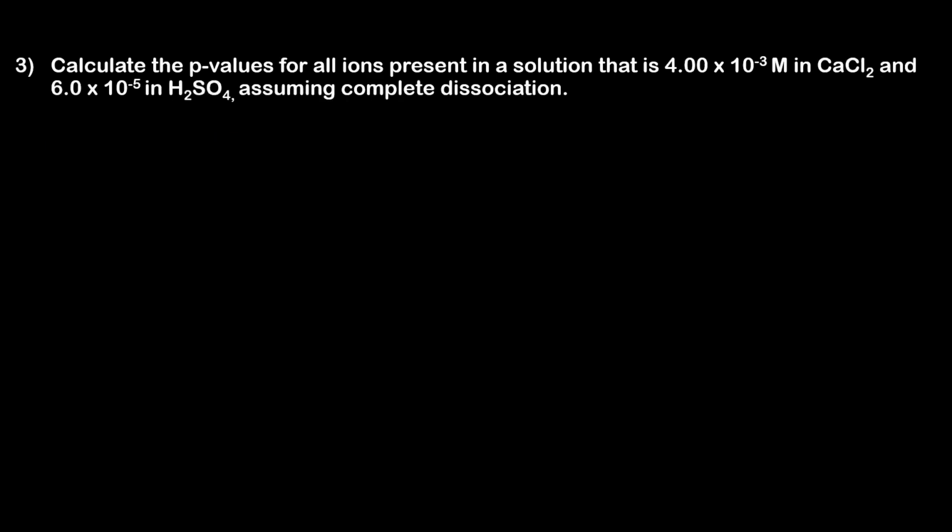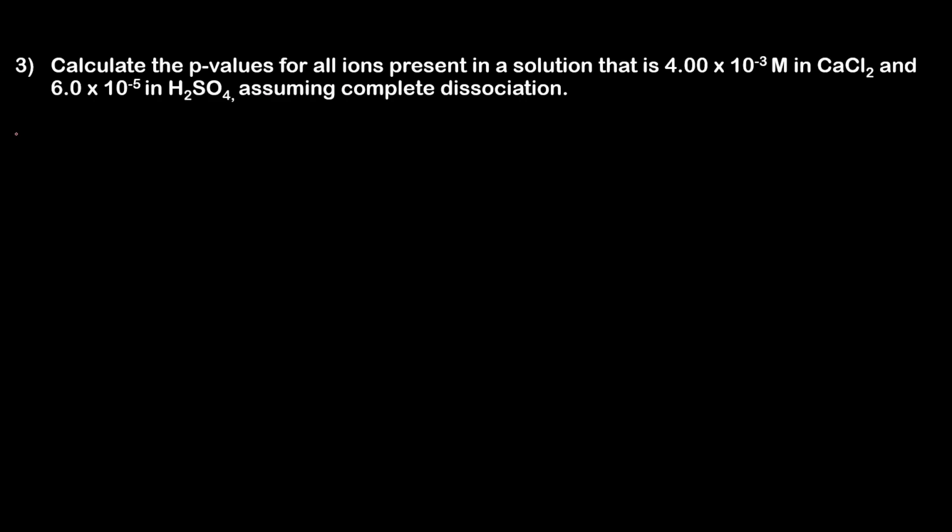Next question. Calculate the p-values for all ions present in a solution that is 4 times 10 to the negative 3 molar in calcium chloride, CaCl₂, and 6 times 10 to the negative 5 molar in sulfuric acid, H2SO4, assuming complete dissociation. This problem is difficult, but this is solvable, okay?